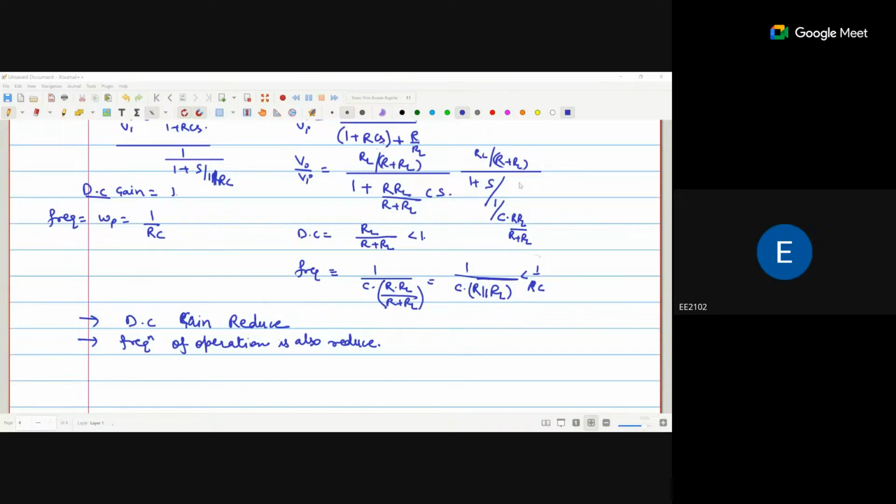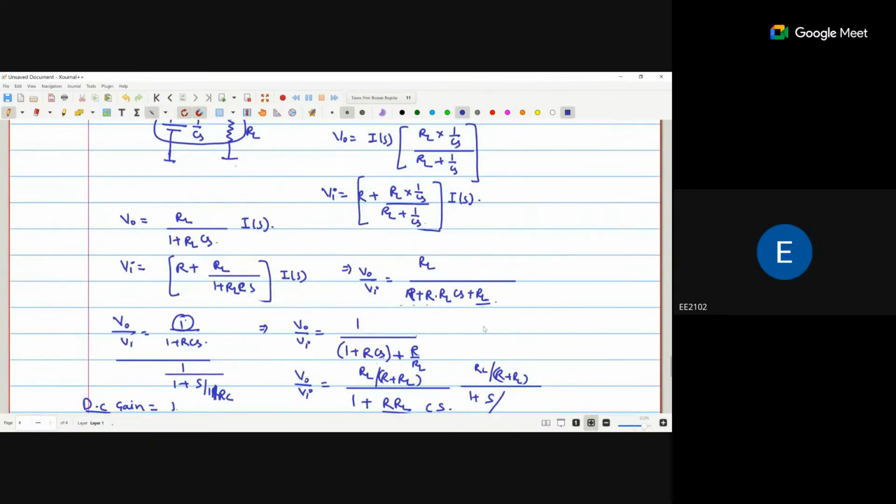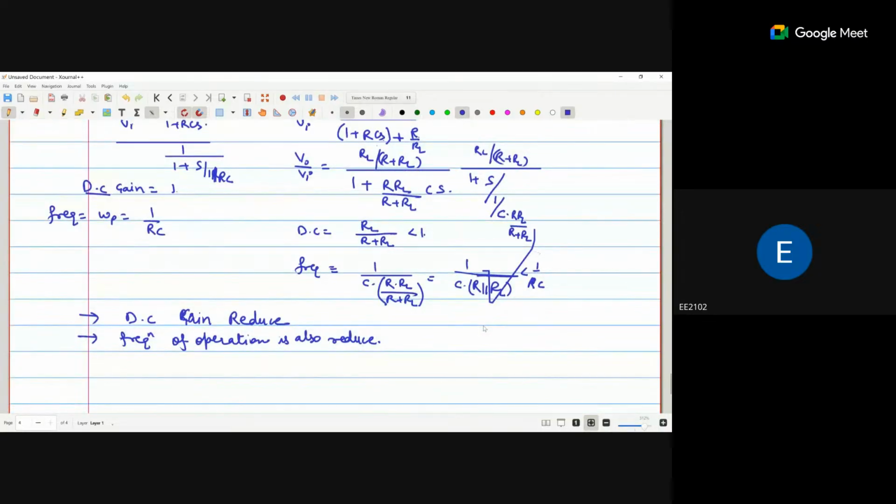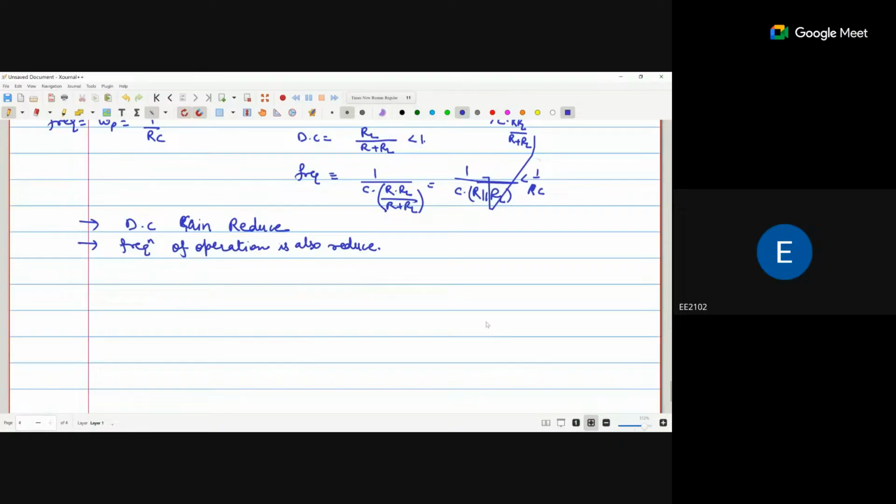So the resistance will be different. If the resistance varies, the frequency of operation varies.